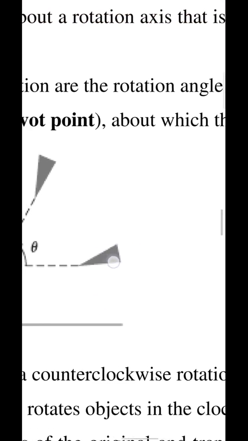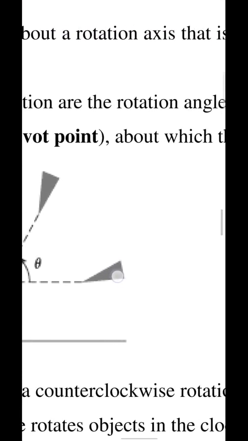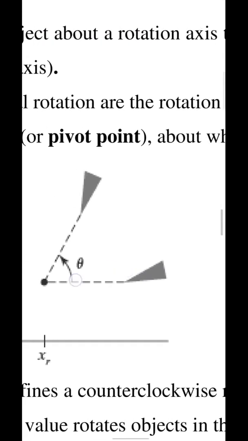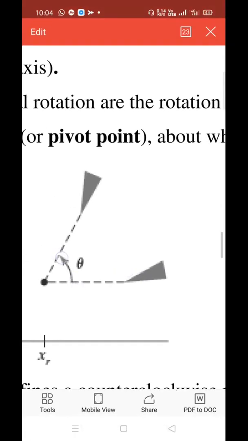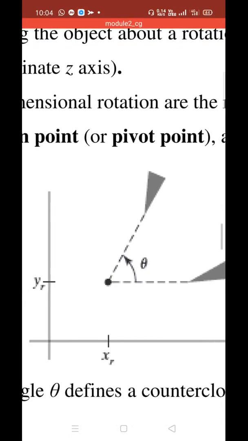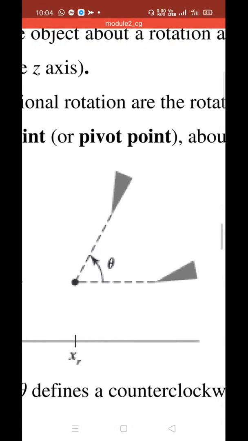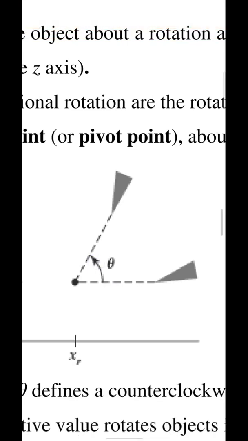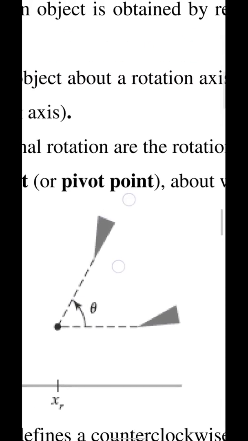Check my pointer, okay? This is the original model, and you are going to rotate it by an angular displacement theta about the pivot point xr comma yr, okay? The angular displacement can be 30 degrees or 60 degrees, whatever, let it be in general theta. Then the final model, see, after rotation the model is brought over here.